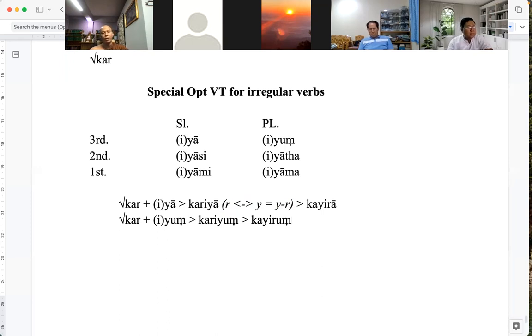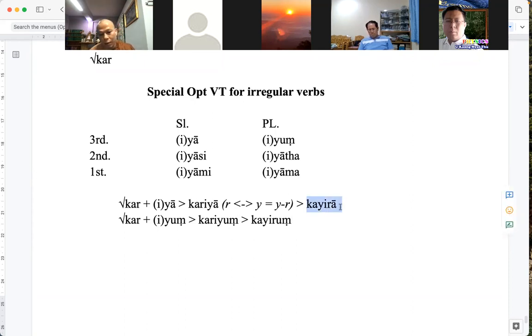In some mother tongues, they could not pronounce the ra sound, like some Chinese or some Taiwanese, they're quite difficult. Maybe some pronunciation in Spanish is also difficult for us in this way. So maybe because of that, there's such a shaping habit. So now third person singular is kayira, and then kayiro plural.